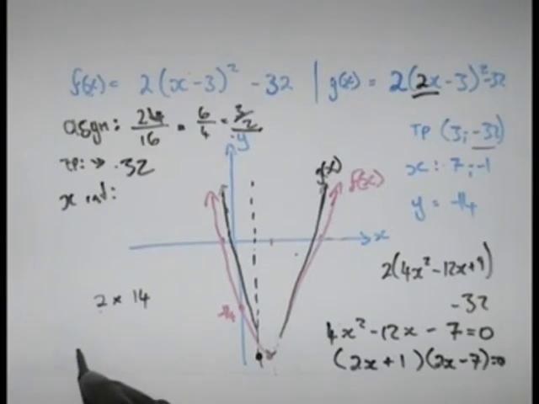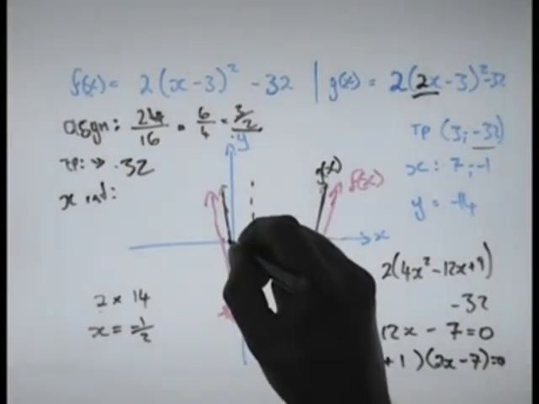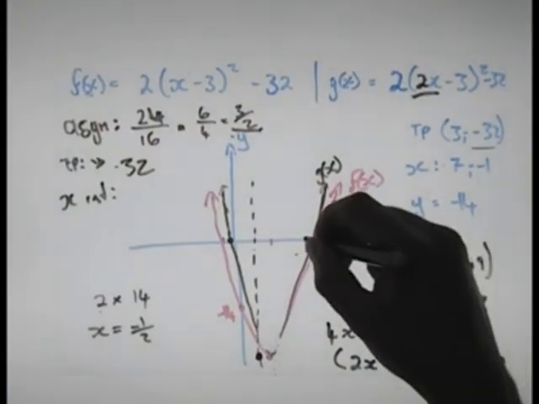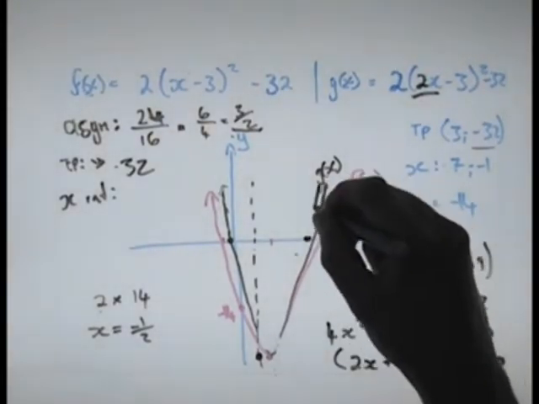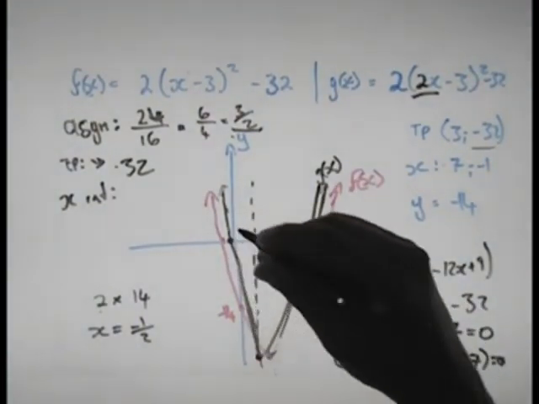That means that our two x-intercepts are going to be, one where x is equal to negative 1 over 2, so that's going to be over there. And the other x-intercept is going to be at 7 over 2, which is going to be somewhere over there. That means that our graph looks very much like that.